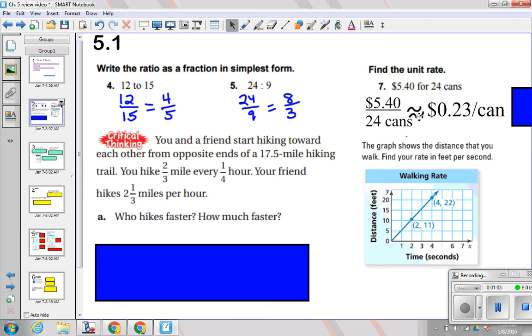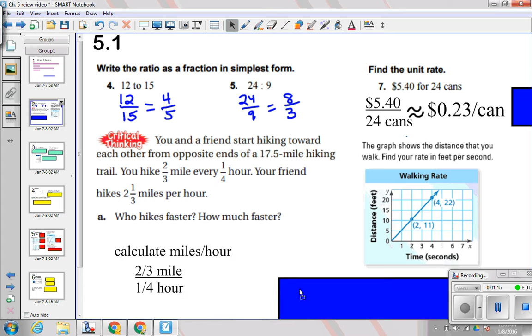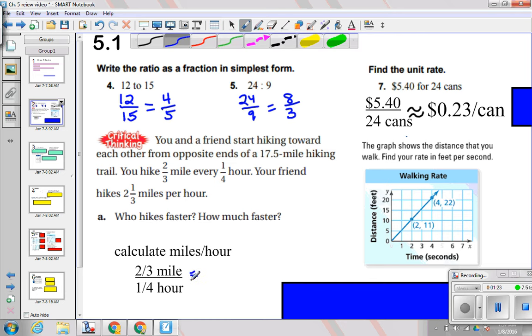Okay, so for the next one, we're comparing our rate to our friend's. Our friend's is already in miles per hour, so let's put your rate in miles per hour as well. So you would take your miles and divide by your hours. So now we would have 2/3 divided by 1/4, which is the same as multiplying by 4 over 1, and that would be 8/3.